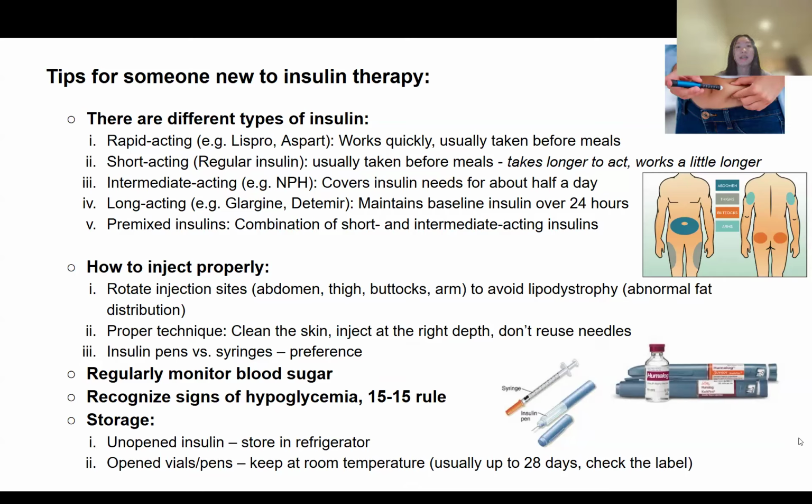And because of this, there are a lot of different insulin regimens that you might see consumers be on, whether it's using it once or twice a day or up to 3 to 4 times a day too. In terms of how to inject properly, there's a photo on the right and it shows the proper injection sites in color.